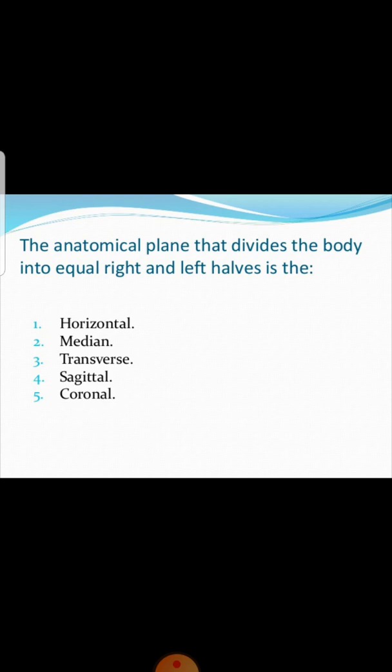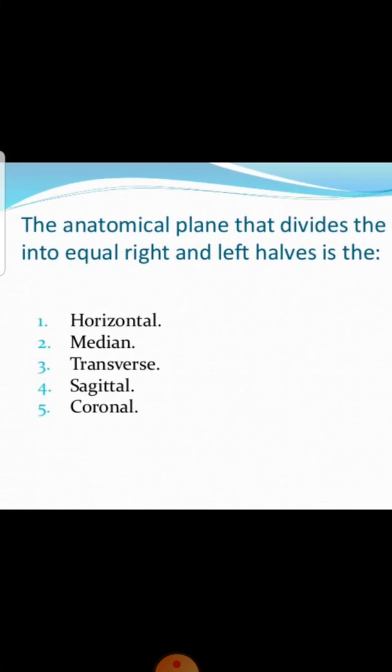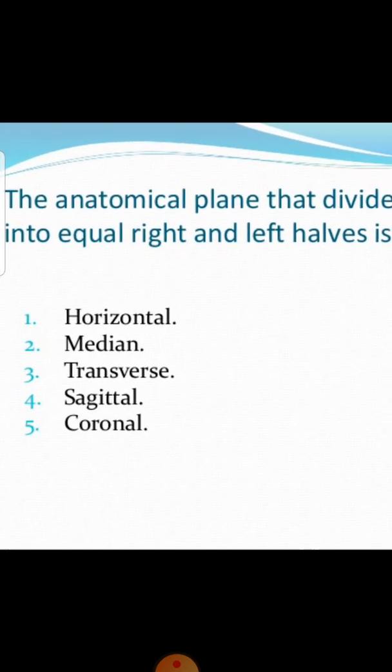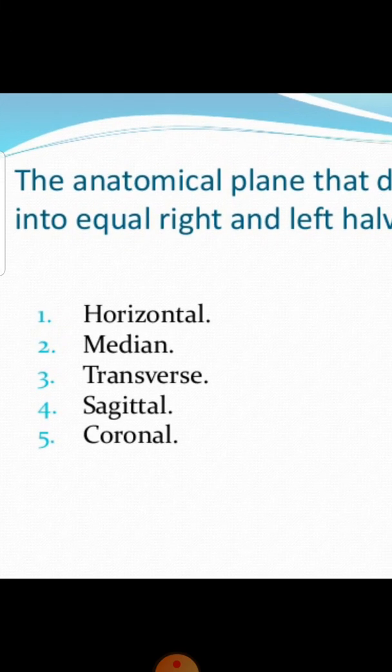The anatomical plane that divides the body into equal right and left halves is the median plane. Why are the first and all other options incorrect? Because the horizontal plane divides your body into upper and lower halves, or superior and inferior halves. The transverse plane is the same as horizontal.